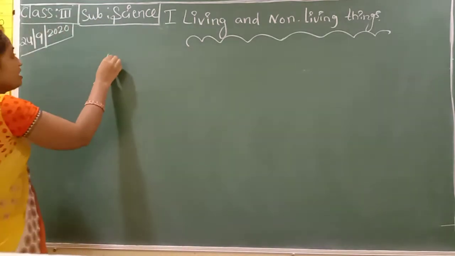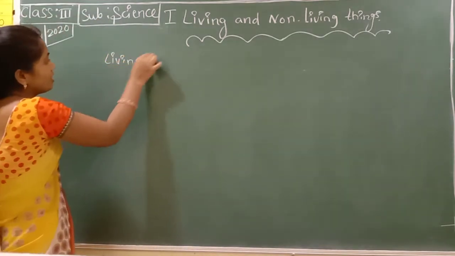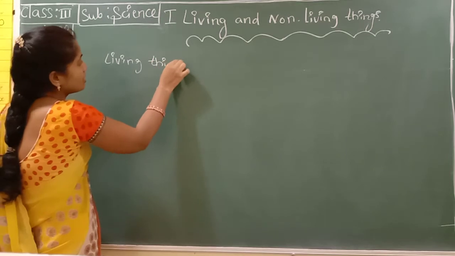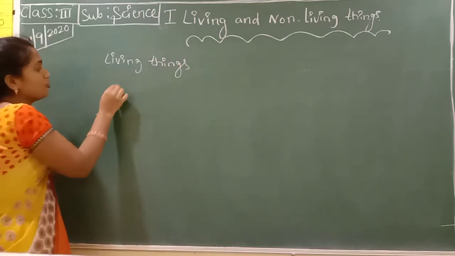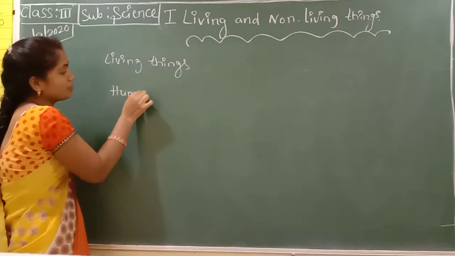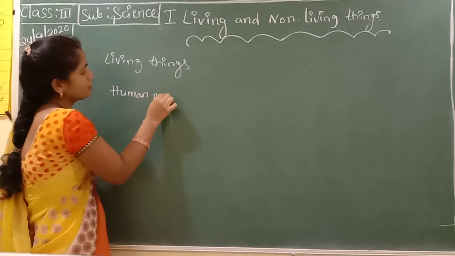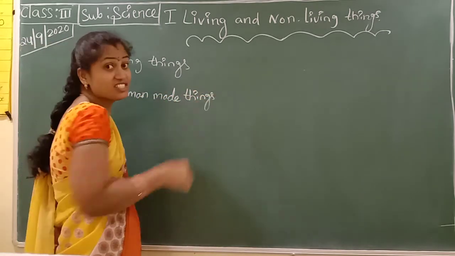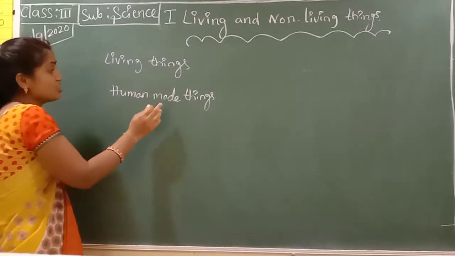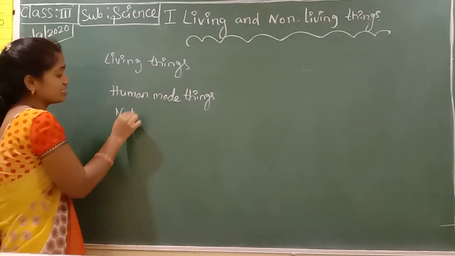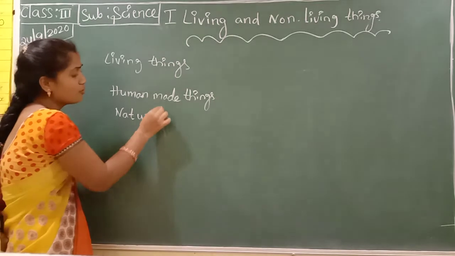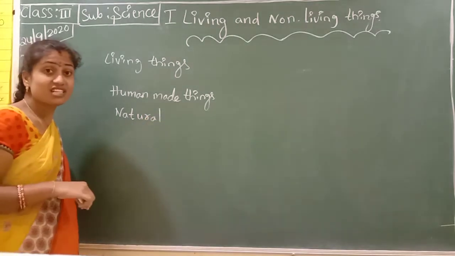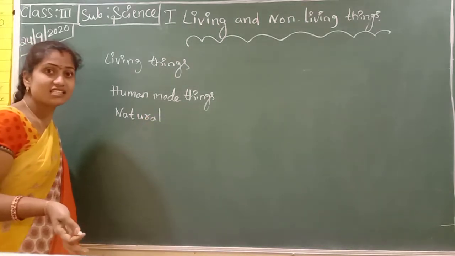First, living things. What are the living things? Human-made things. What are the human-made things? So you have to observe the differentiation about the living things, human-made things, natural things. How can we get the natural things? What are the natural things?